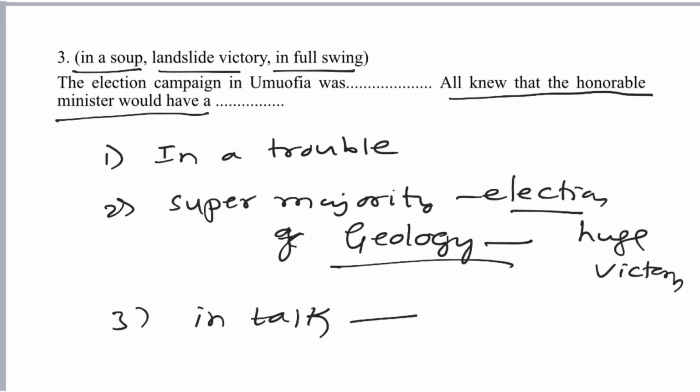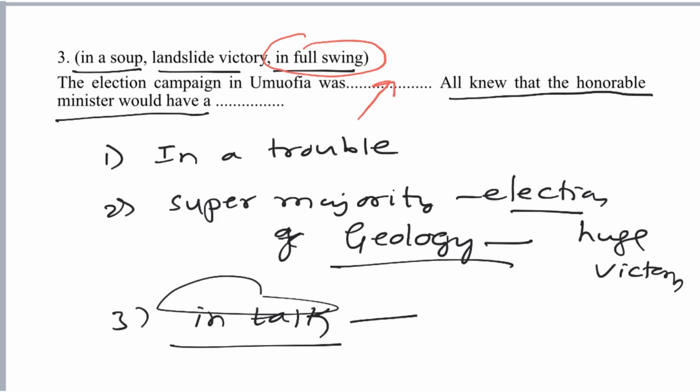They will always be talking about the election: who will win, who will not win, who will get the majority. So that will be in talk, isn't it? So, when the election campaign in Umofia was in full swing, here it comes: in full swing. We have to write in full swing. The election campaign in Umofia was in full swing.